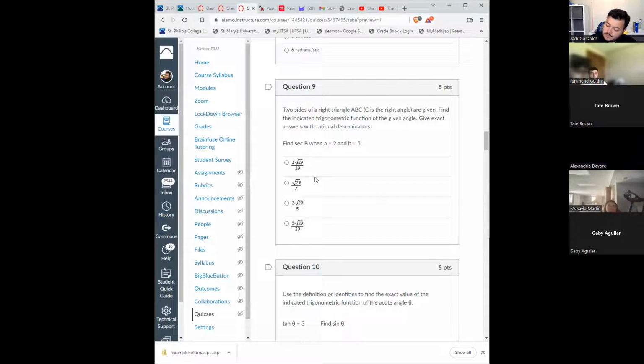Multiply the top and bottom by square root 29, and you should get 2 root 29 over 29. So A. Any questions on problem 9?